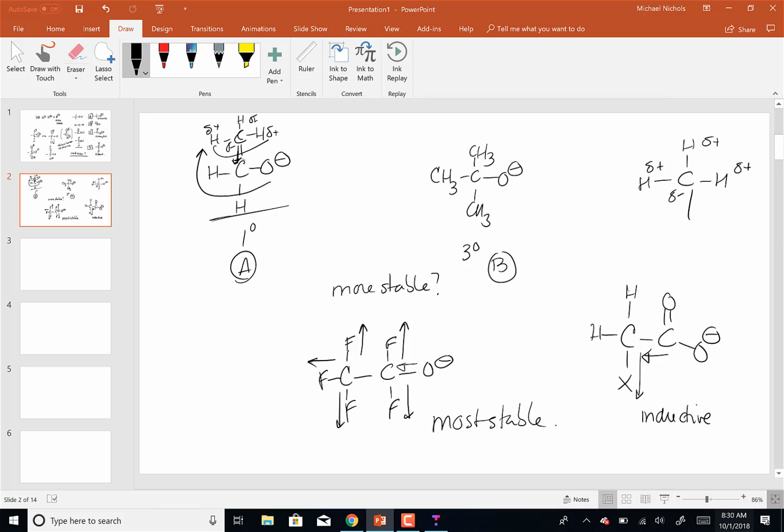It becomes less stable because now I'm pushing even more electron density in. Right? This carbon's delta minus charge was great for what? Carbocations. It was really good for carbocations because it helped stabilize the C+. But in this case, that's not what I want. I want something that's going to pull the electron density out of the O-.